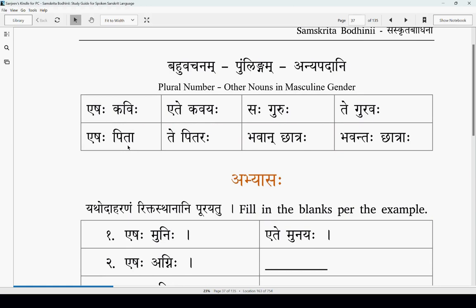Pita, the base word is Pitru. The bahuvachana form is Pitaraha. Guru, we have Guravaha. Bhavan, the bahuvachana form of Bhavan is Bhavantaha. Chhatra is simple akaranta like Rama, Chhatraha. So Bhavan, Bhavantaha, that is the word to note here.